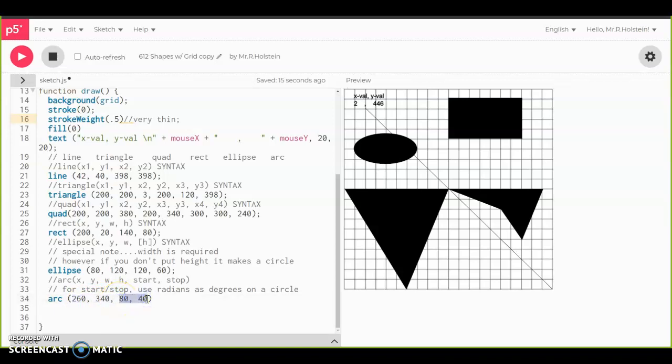So is it going to be wider or taller? For me, if 80 is bigger, it's going to be wider. And finally, I need a start and a stop. So I'm going to show you how radians is what I'm talking about. I'm going to put 270 as a start, and I'm going to do radians 90 as an end. And I'll explain what I mean by that in a minute as I wiggle my way around editing. So here we go.